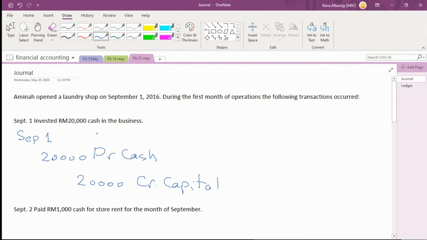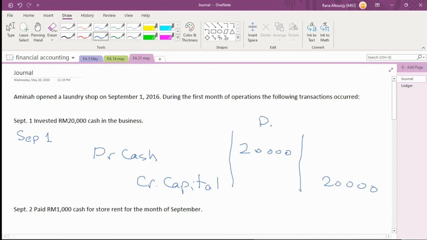It's up to you. So if you want to write the amount from the other side, it will be like this. So 20,000, 20,000. Some people put columns, debit and credit. Okay? So like this, you can write the transaction.